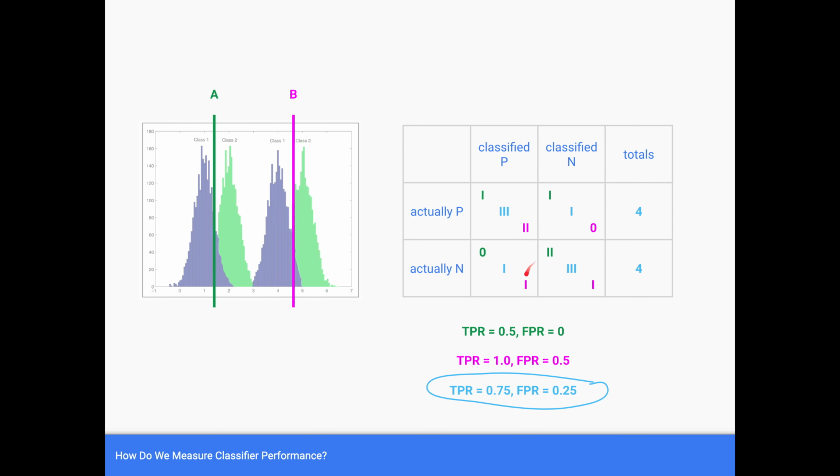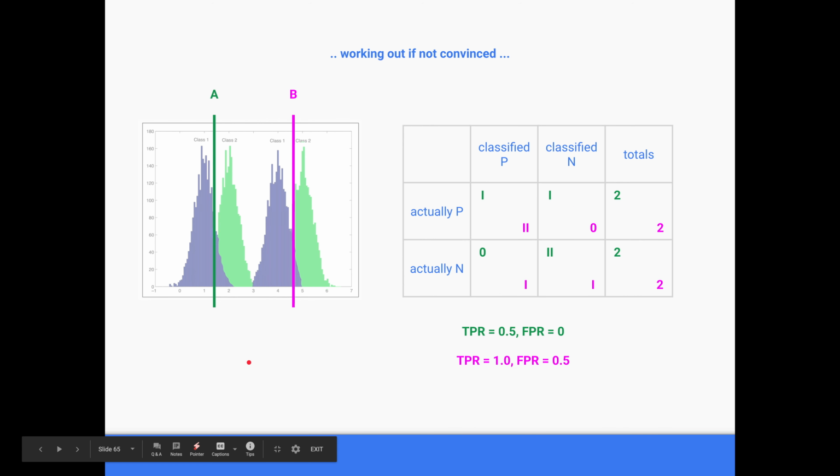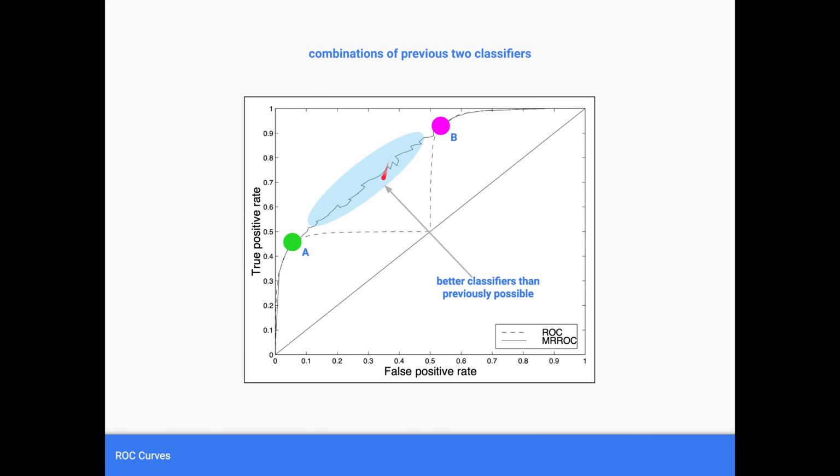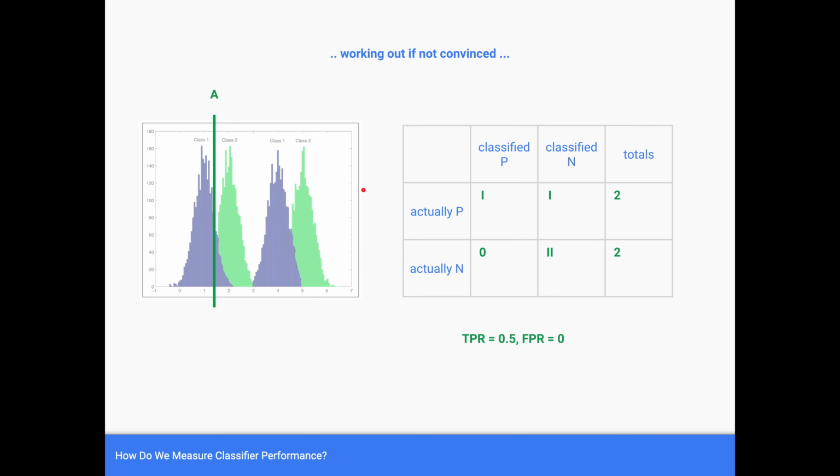And if we continue through, now we've doubled the totals because we've run through the data twice, you find that the true positive rate is 3 out of 4 and the false positive rate is 1 out of 4, and that ends up being here. So the numbers do work out.